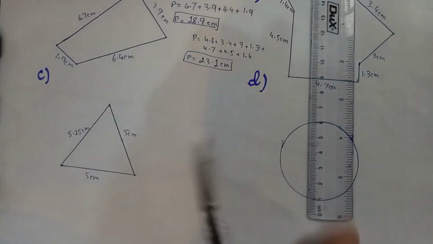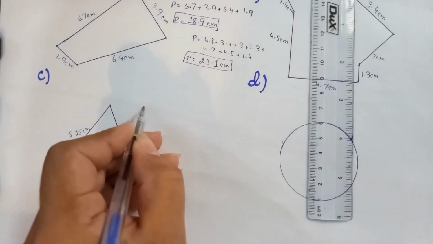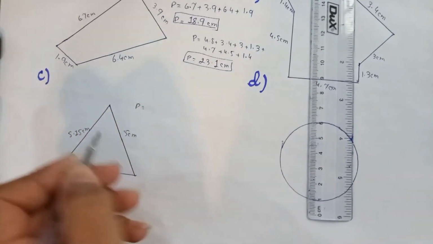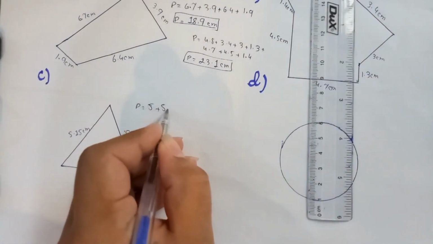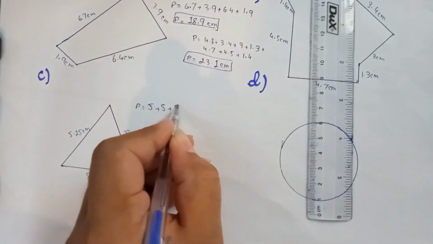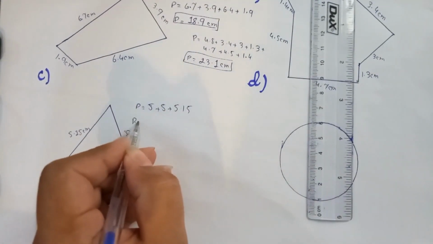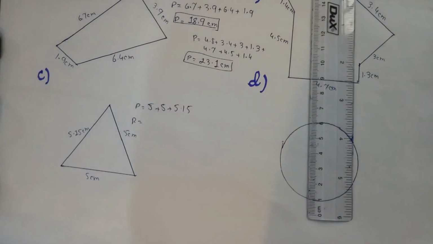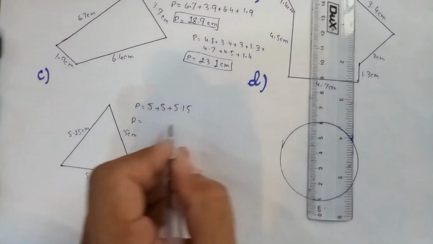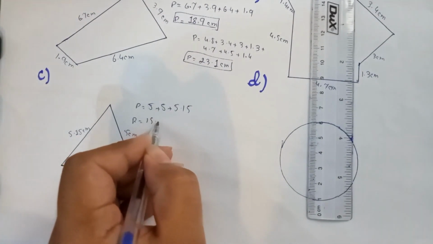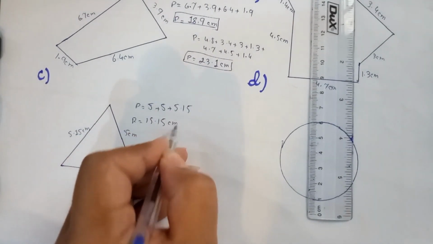Okay, so for perimeter we have to add all, 5 plus 5 plus 5.15. So let's add. So 5 plus 5 plus 5.15. Okay, so here it will be equal to 15.15 centimeters.